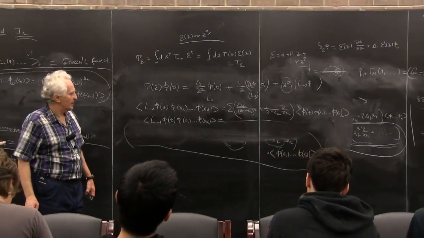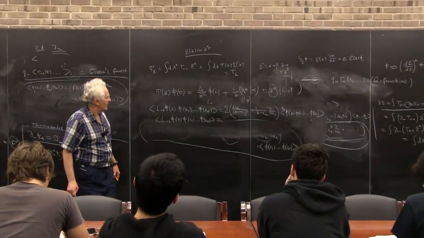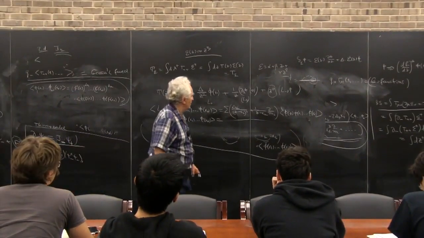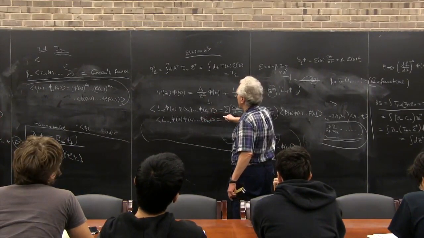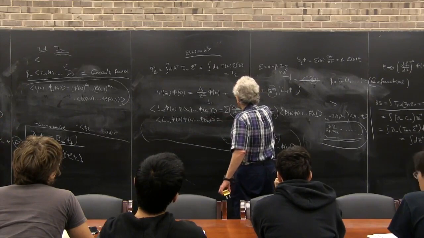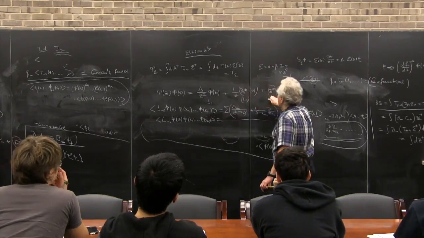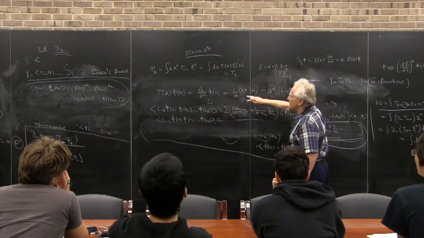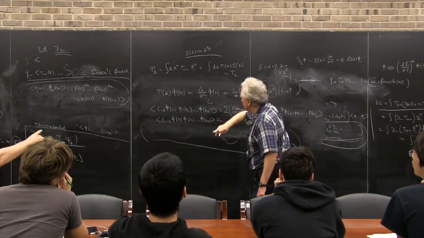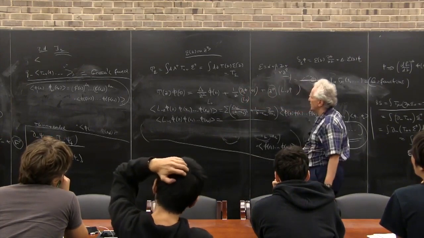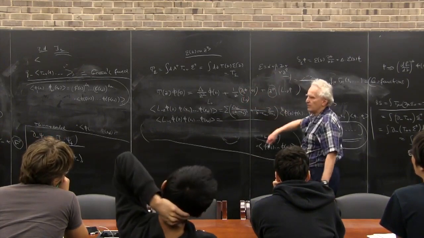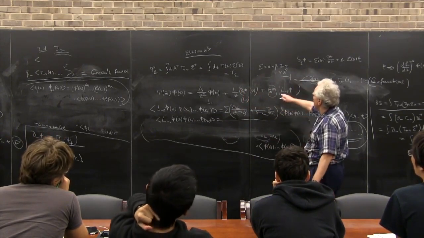You said that you are going to define L minus 2 phi through this equation. Why don't you define it in terms of a contour integral of the correlation function of T(z) and phi(0)? Well, you can multiply this equation by some epsilon. Yes, sure, I can.